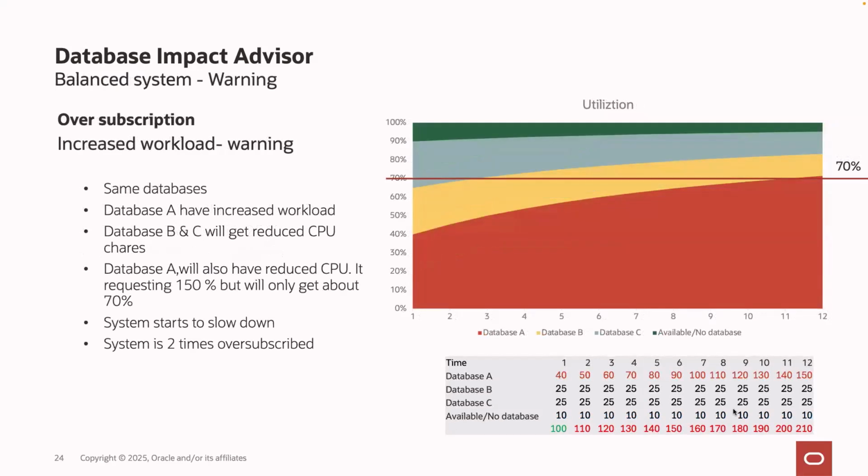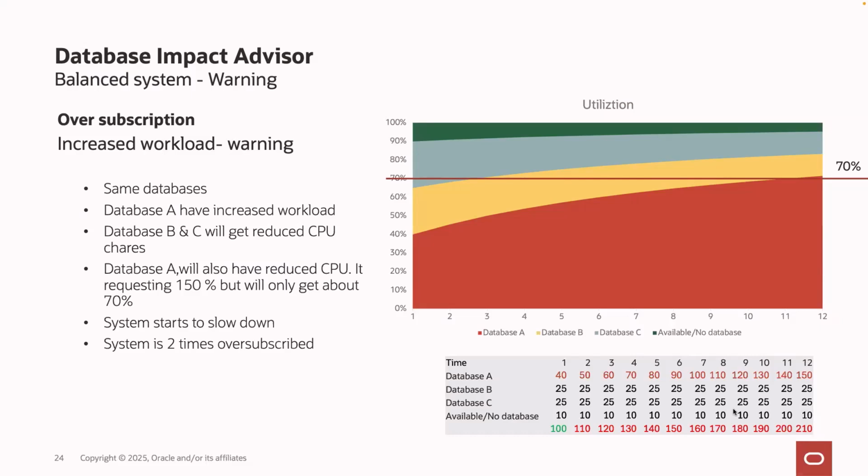If we see that this database starts to increase even more, now we have the same database that started at 4% going up to 150% of what it started to use. So in that case, we have an oversubscription. We have 2 times oversubscription.